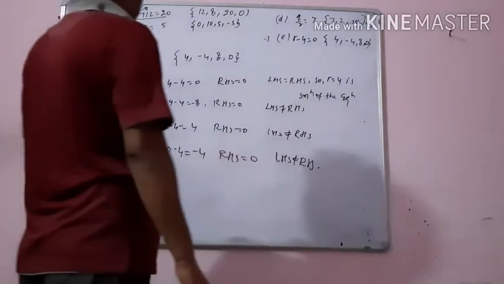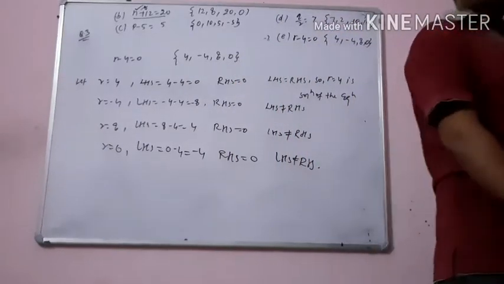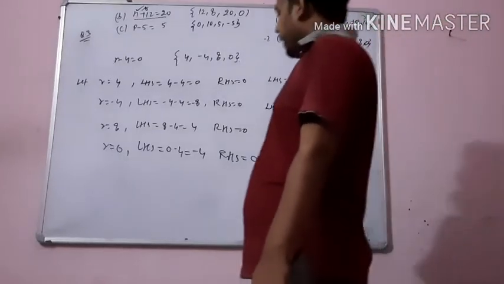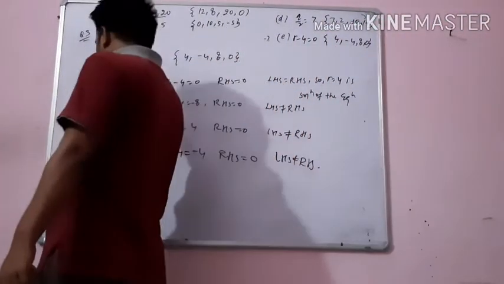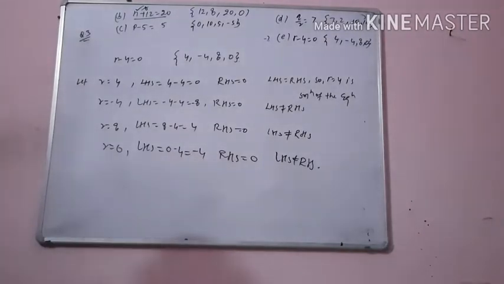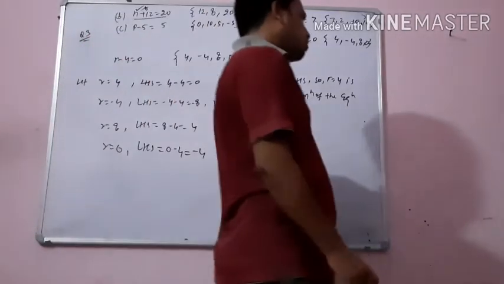Similarly in C, when you take p equals 10, it is satisfied. When you take another value, it will not be satisfied. Similarly in D. So an equation has a particular solution.